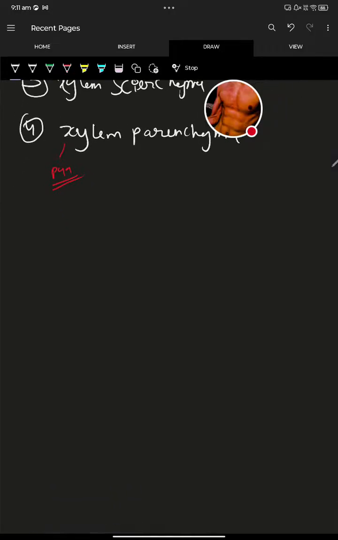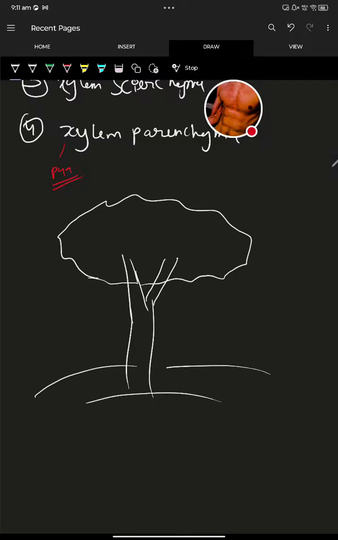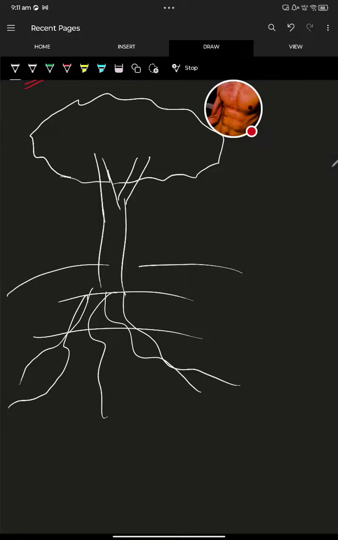Now you have to understand it like this. This is the tree, right? Here the fibers, the hairs, are going down in the earth. Supposedly this one is the xylem.